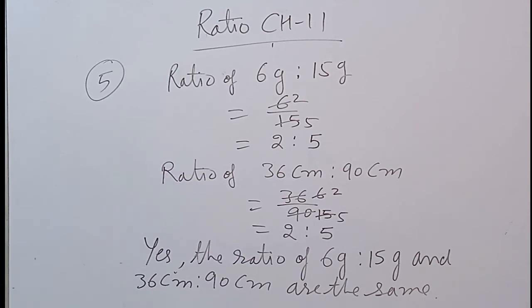So just take it, 6 sixes are 36 and 6 fifteens are 90. And now dividing 6 and 15, 6 can be divided by 3 and 15 is also divided by 3. So we get 3 twos are 6, 3 fives are 15. So we also get 2 ratio 5. In both cases we are getting the ratio 2 ratio 5. So yes, the ratio of 6 gram to 15 gram and 36 centimeter to 90 centimeter are the same.